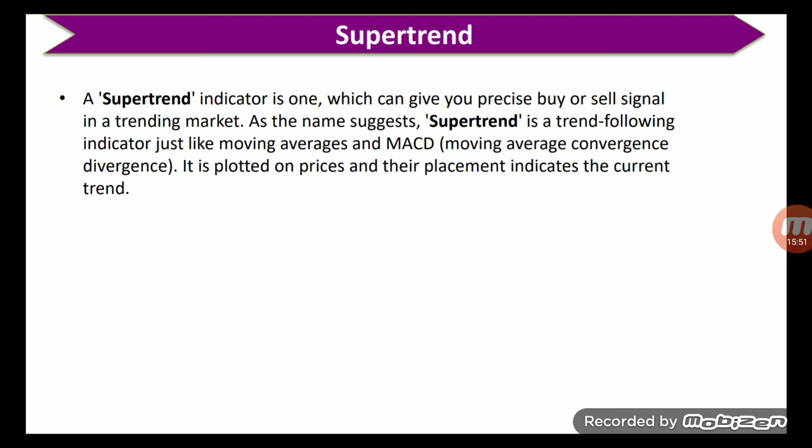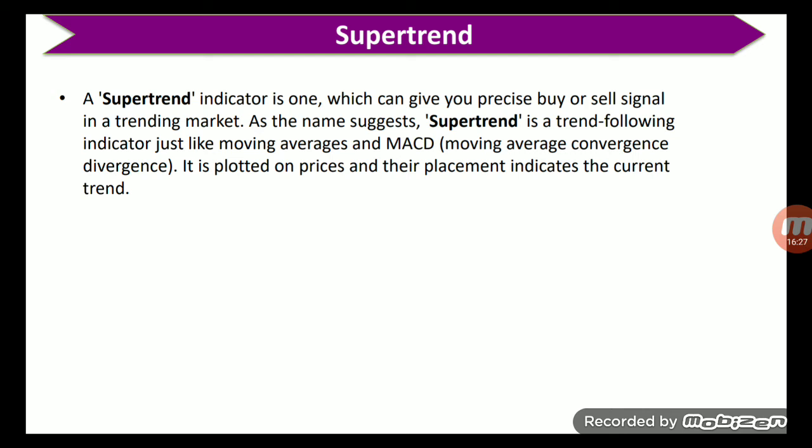It is plotted on prices and its placement indicates the current trend. Super trend can be in two directions. First is downward and second is upward. It generates the signal where to buy and where to sell. If there is an upward trend signal, then there is the super trend of upward trend.